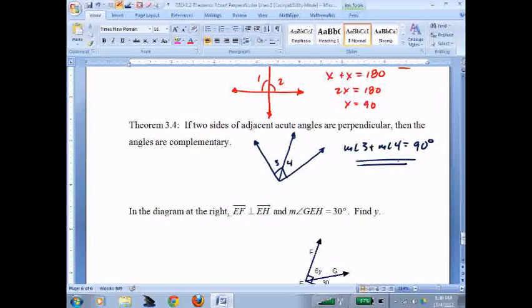This is pretty obvious, but what causes problems is when I say things like this is 3x and this is 2x plus 5, people get a little lost. They don't know to write 3x plus 2x plus 5 equals 90. And then they don't know how to solve, which is getting very frustrating.